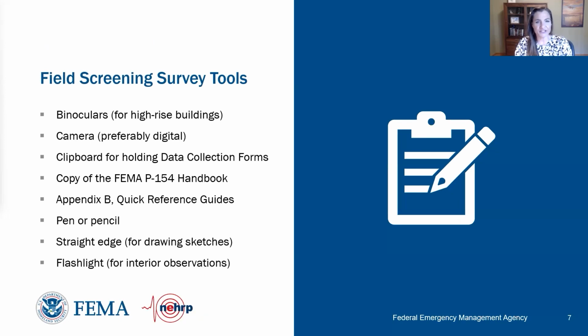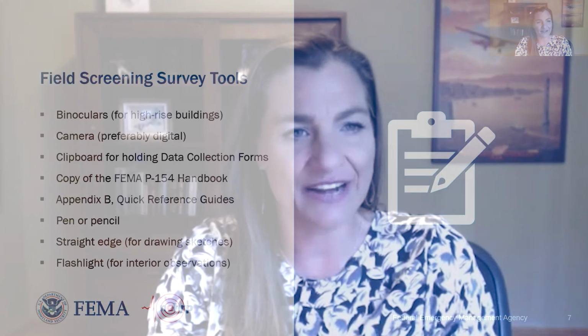For the field screening, ideally we want the field screening to be performed by a team of 2 people. And this is a list of some nice tools to have while you're doing the screening. So a set of binoculars to capture details on high-rise buildings, a camera. Most of us have a digital camera in our pocket at all times now.